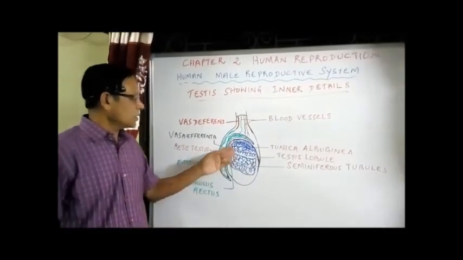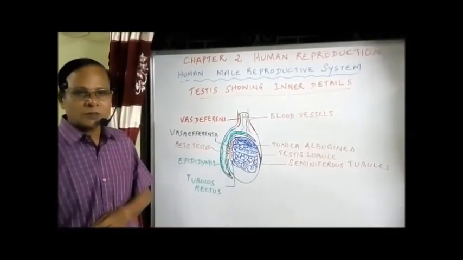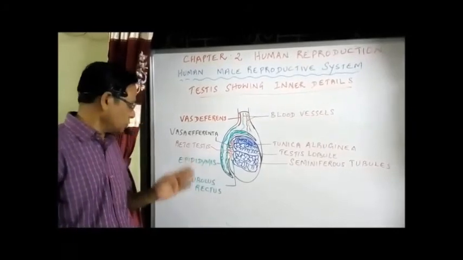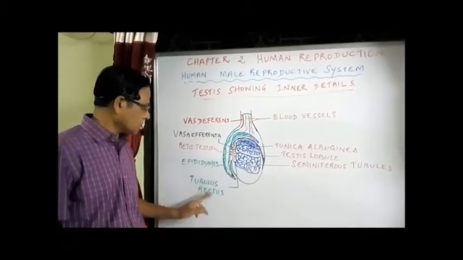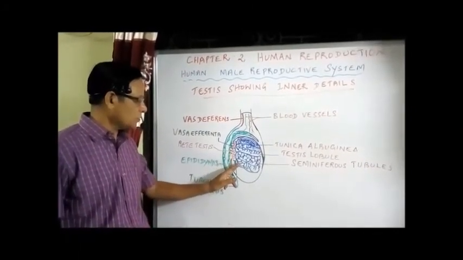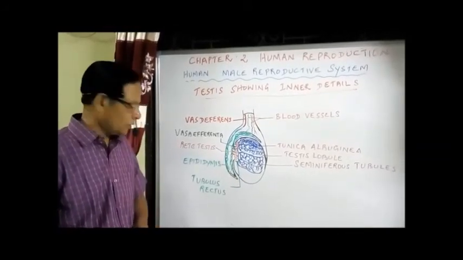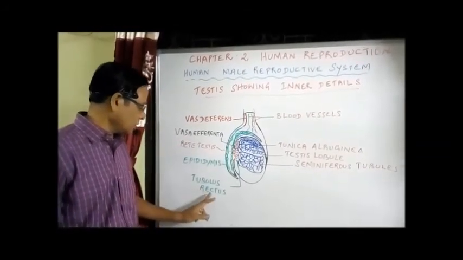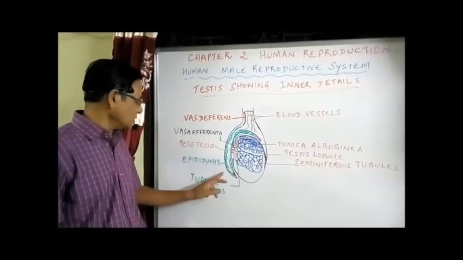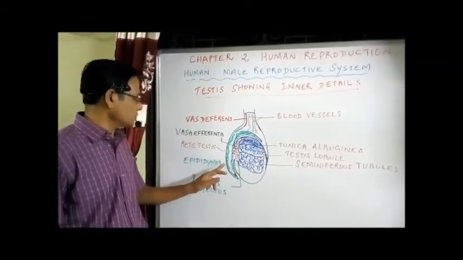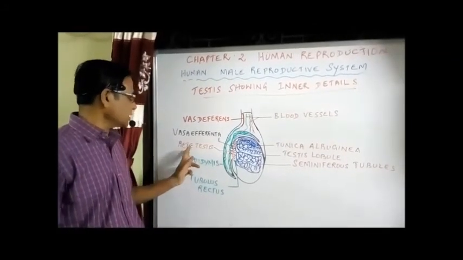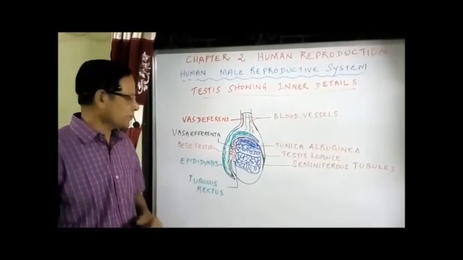Now from the seminiferous tubules, there converges a tube called the tubulus rectus. The green one is where the seminiferous tubules converge at the terminal part, called the tubulus rectus. The tubulus rectus normally opens into a network, the rete testis, present dorsally.